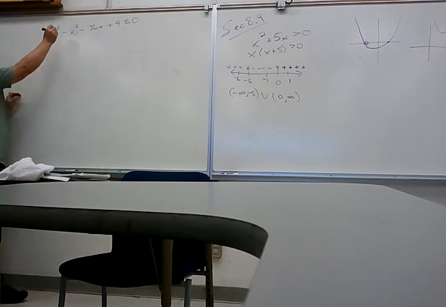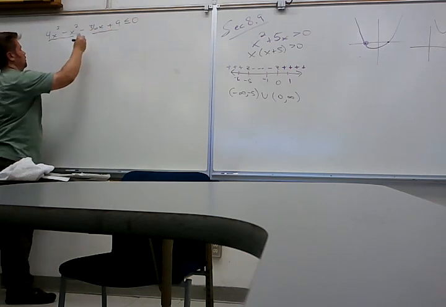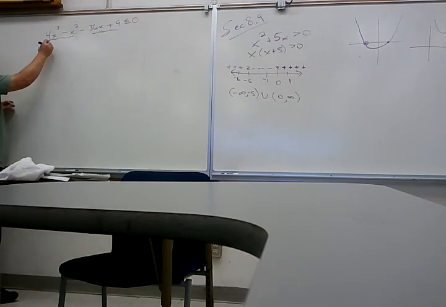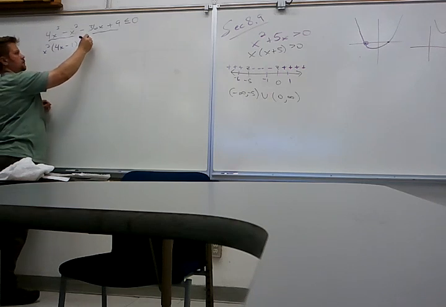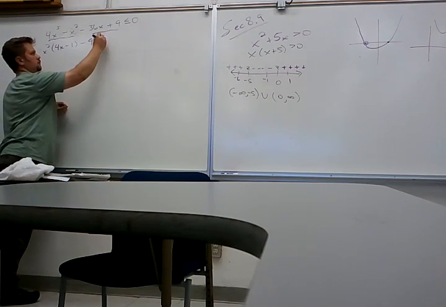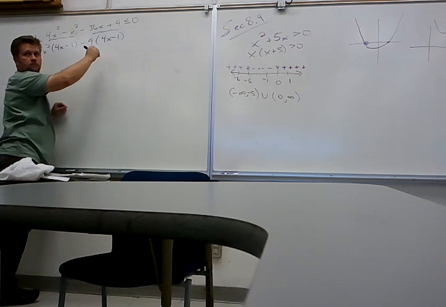Group it. So what comes out of that? 4x squared? Not 4x squared, just an x squared comes out. 4x minus 1, right? Because this has no 4. Minus 9. 4x minus 1, right?